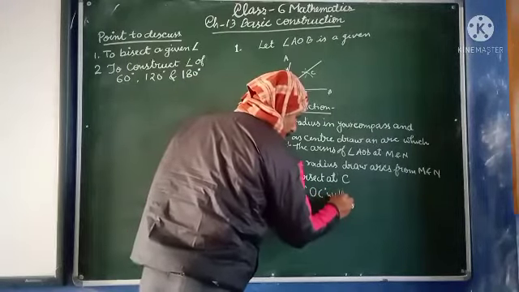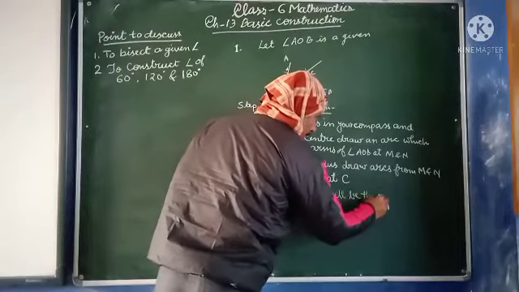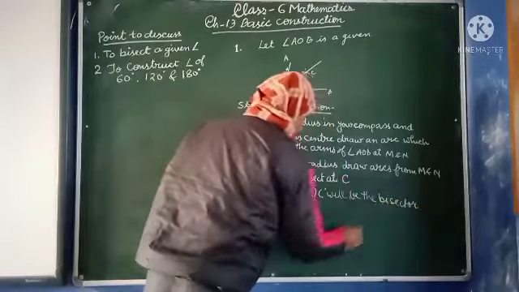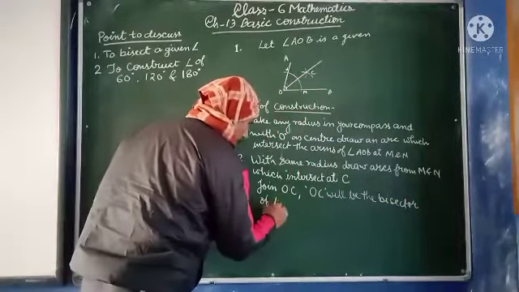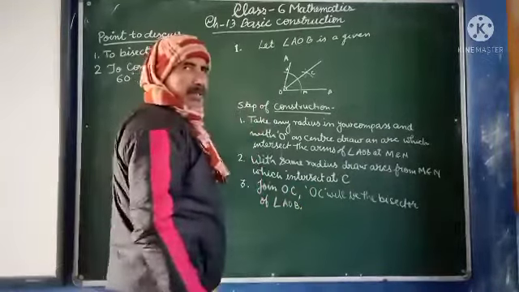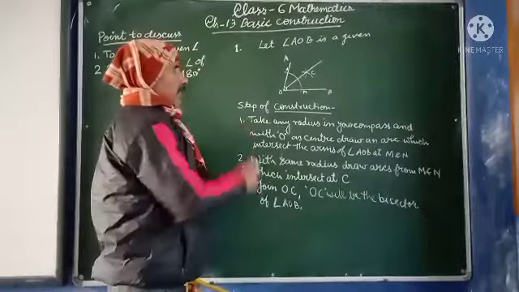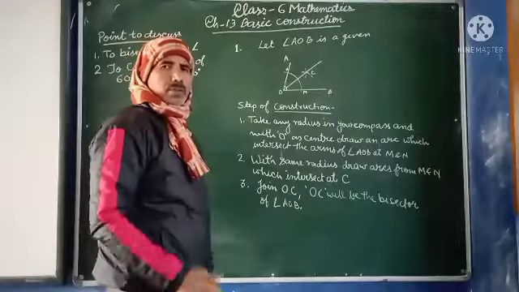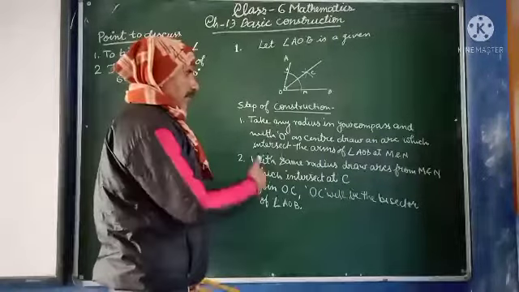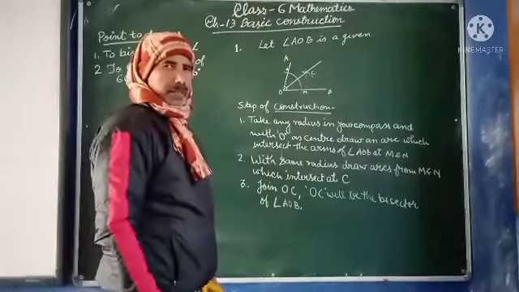OC will be the bisector of angle AOB. So I hope you understood this construction. Three steps will be there to construct or to draw the bisector of an angle. So the same steps you will follow and you can bisect any given angle.